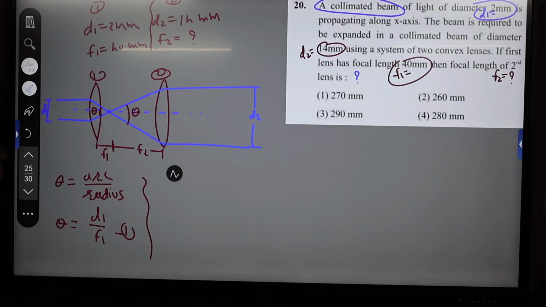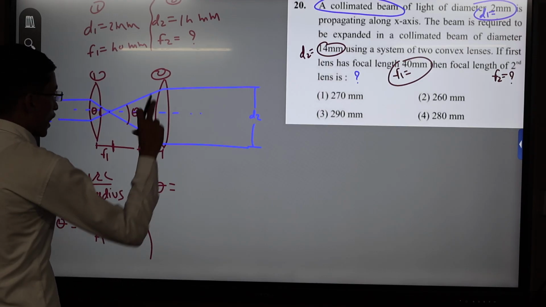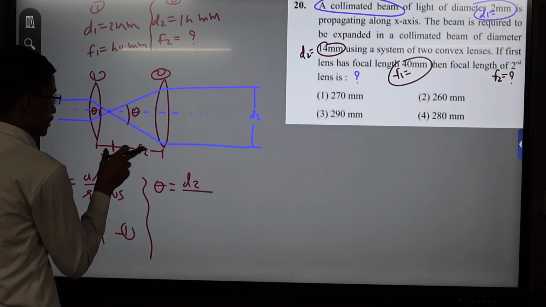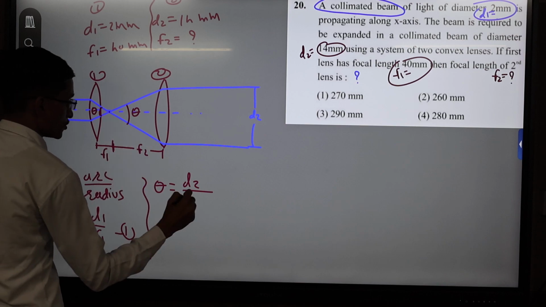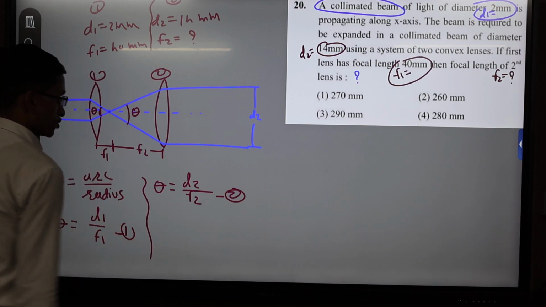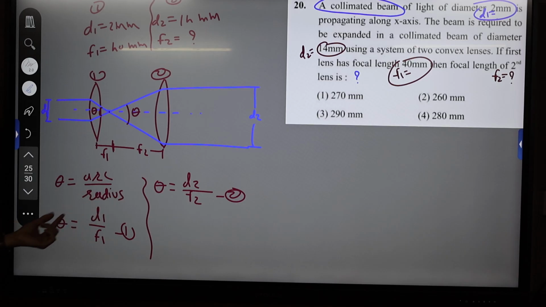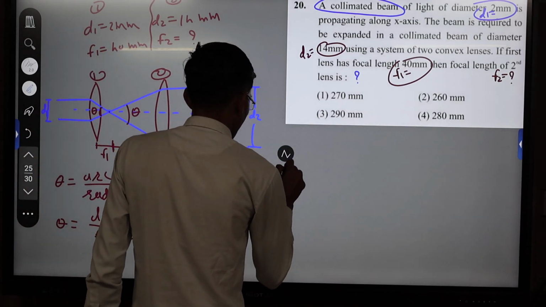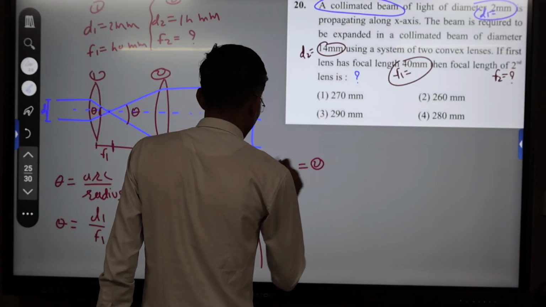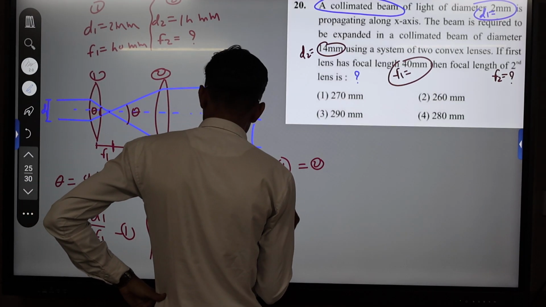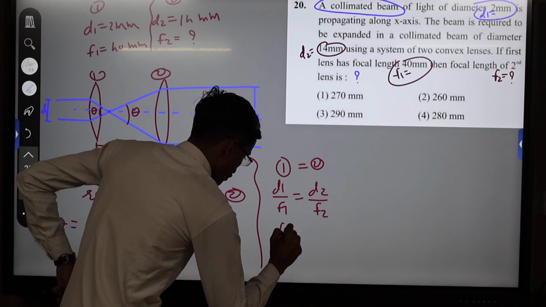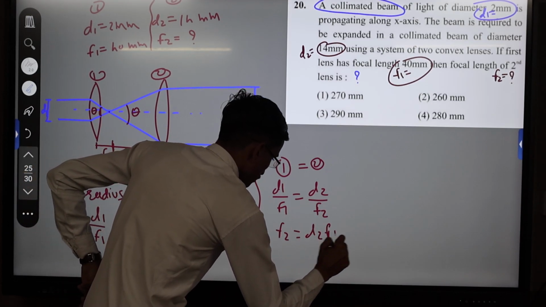Same from this configuration, theta is the same, the arc for the second case is d2 and the focal length or radius is equal to f2. So see equation 1 and equation 2 have the same theta because there are similar triangles. Equating equations 1 and 2, we get d1 by f1 is equal to d2 by f2. Now find f2. F2 is equal to d2 f1 by d1.